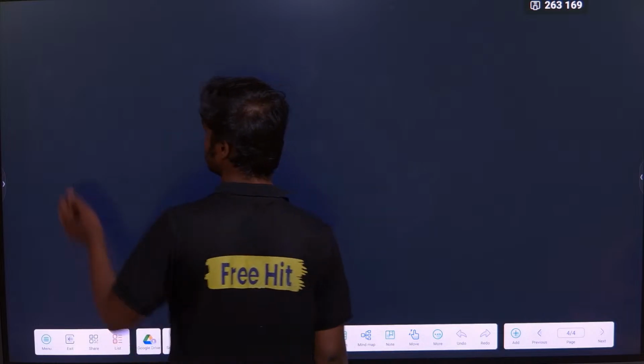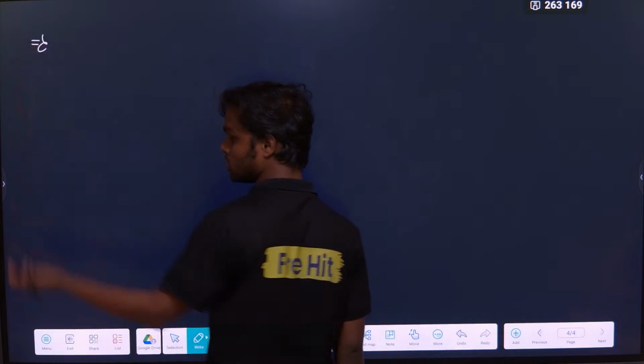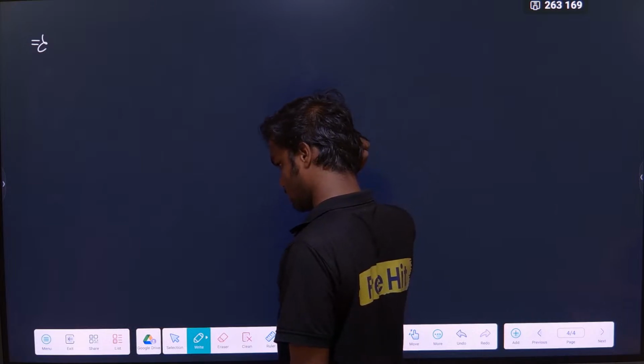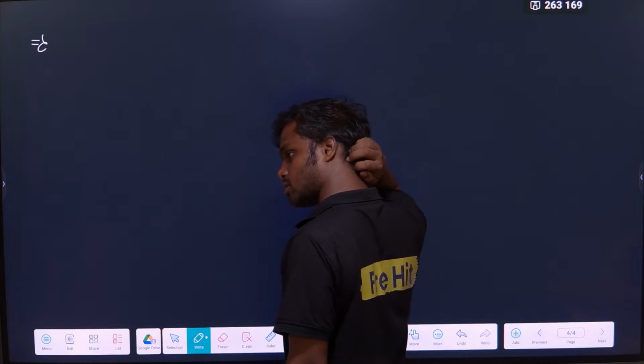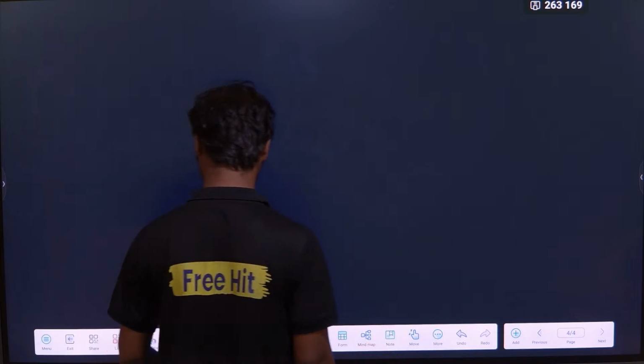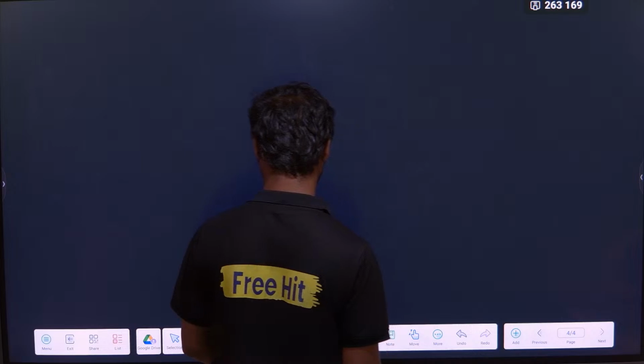Suppose in the same projectile, I can ask you other things too. What are the other things I can ask? Okay, let me draw the image first, otherwise it will be confusing.